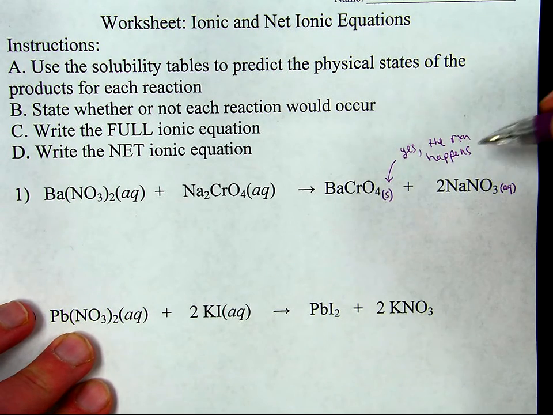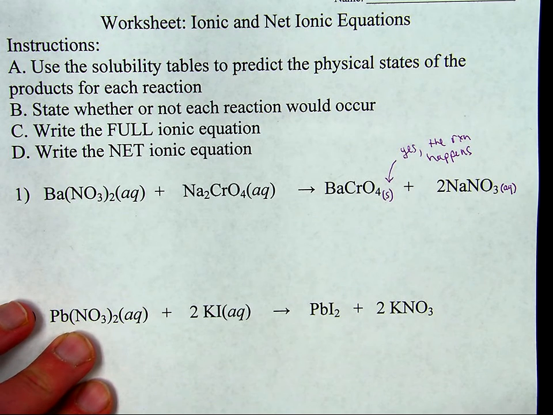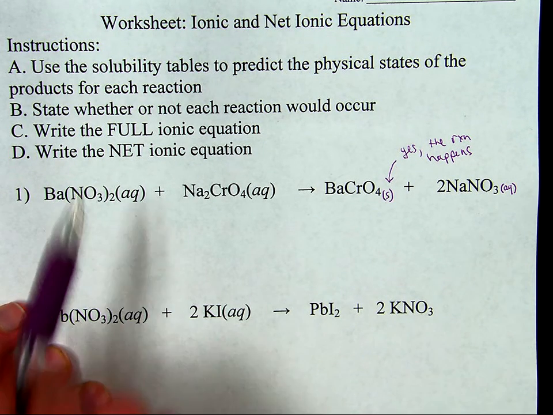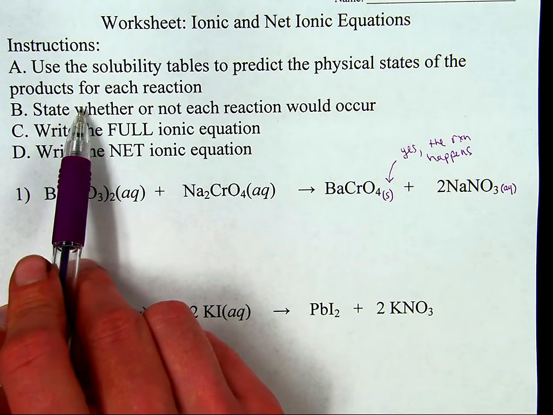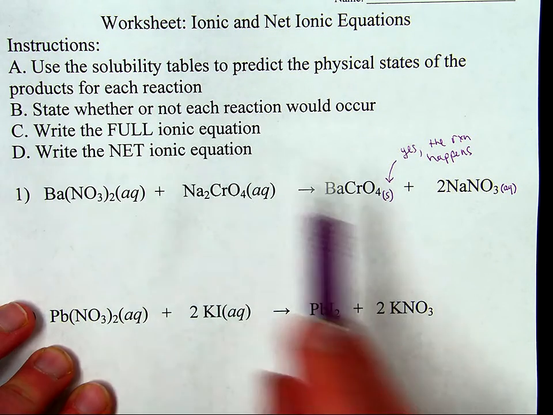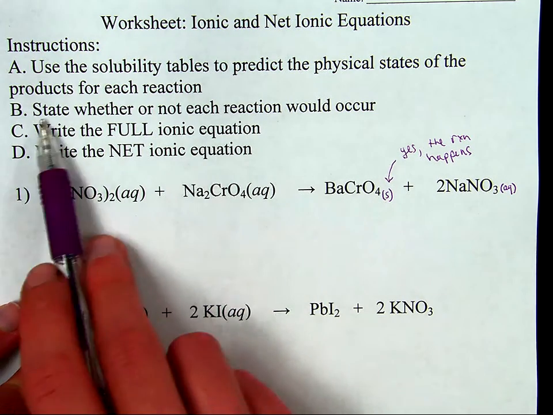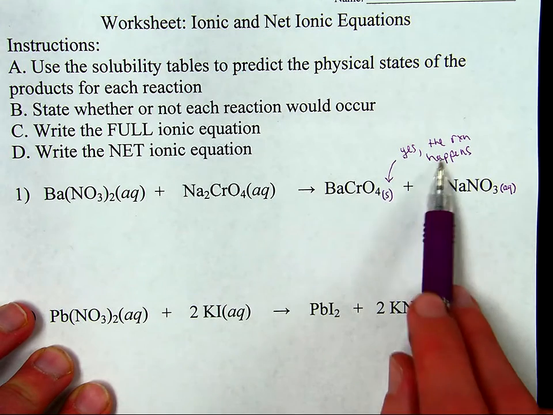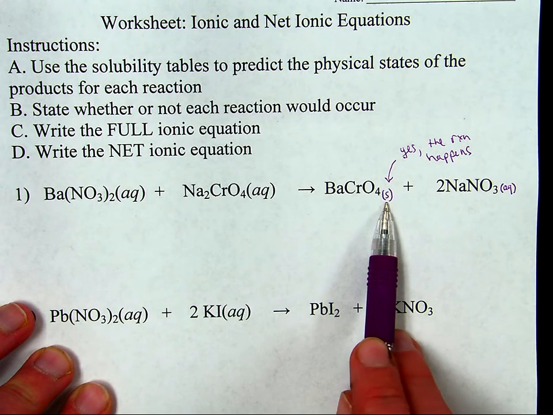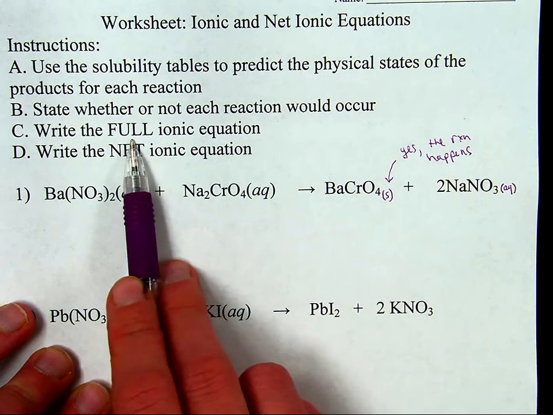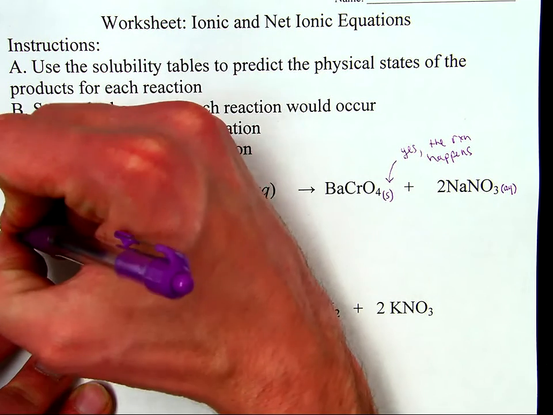I'll write it out that way, RXN, my favorite abbreviation for reaction. Having done A, using solubility tables to predict the physical states, and B, stating whether or not each reaction would occur, yes, because one of the things is not aqueous, I can now do C, full ionic equation.